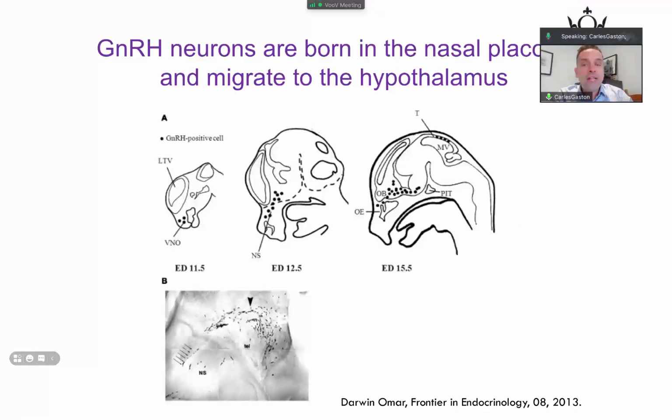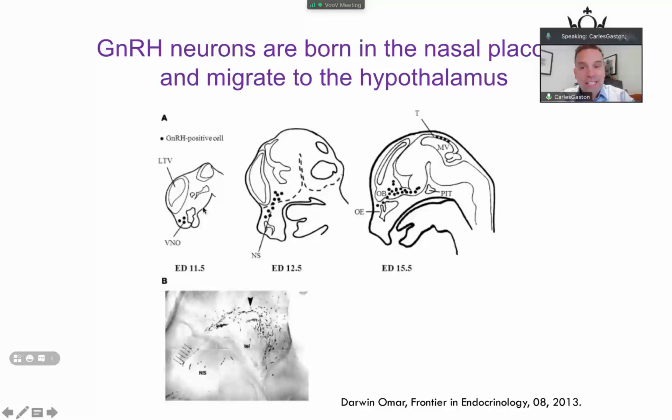These neurons are of high importance because they are actually the only type of neurons that are not born in the hypothalamic area, but are born from the nose during embryogenesis, more specifically the vomeronasal organ, or what we call the nasal placodes.